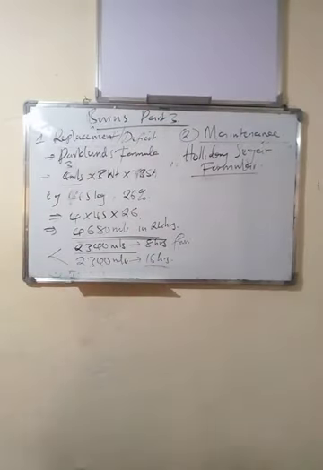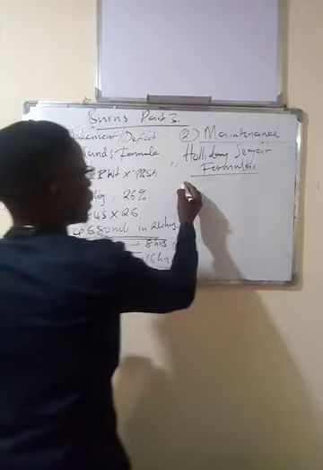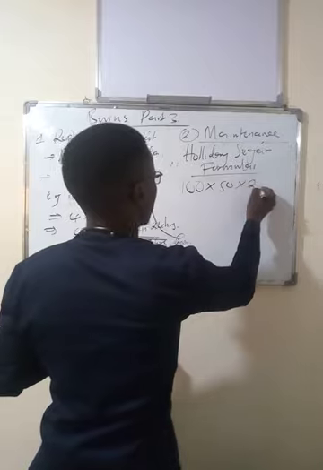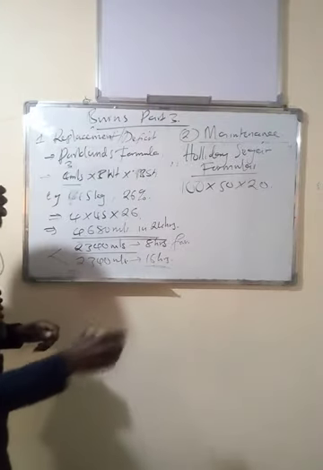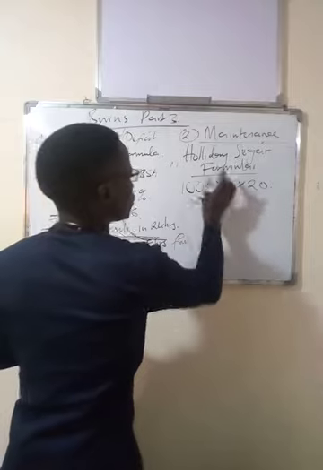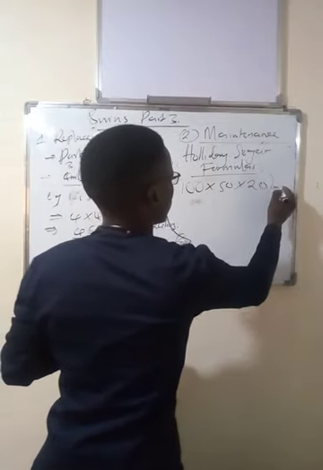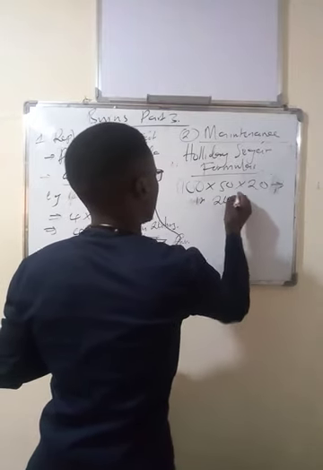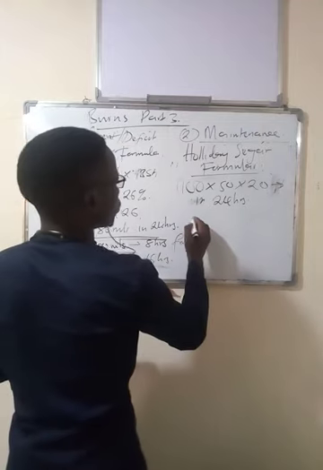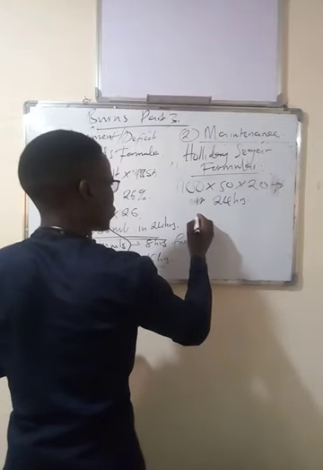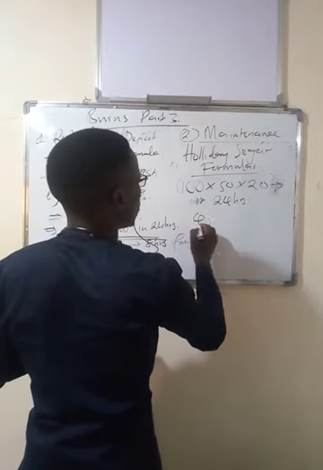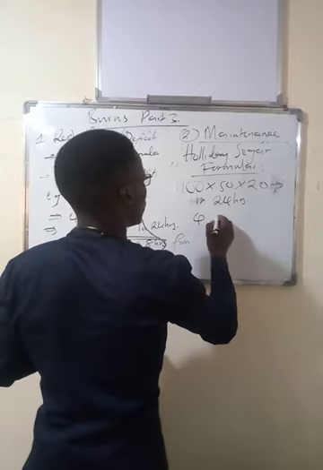So this is 100 by 50 by 20, okay, so this is mils. This is if you're calculating in 24 hours. Then we can also use 2 by 1 by 2 by 1, okay, in 1 hour.